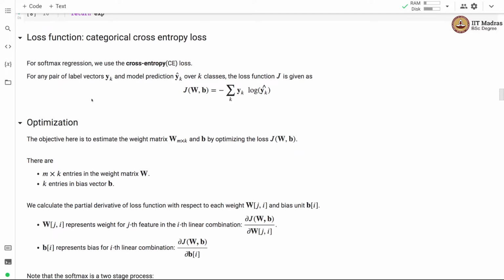For any pair of label vector yk and model prediction yk hat over k classes, the loss function J, which is parameterized by the weight matrix W and the bias vector B, is equal to negative of the sum over all classes k of yk times log of yk hat. Here yk hat is the prediction and yk is the actual label.